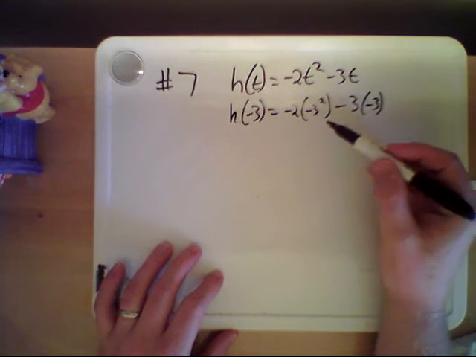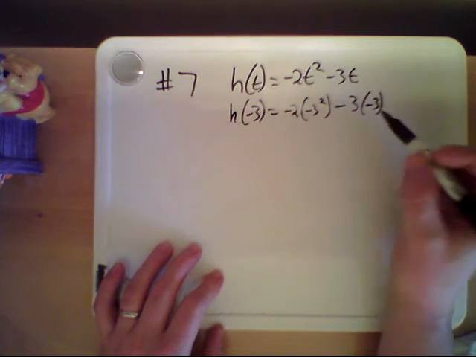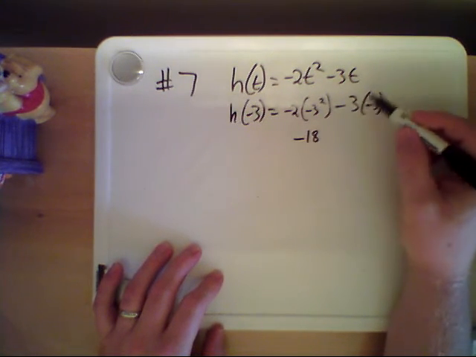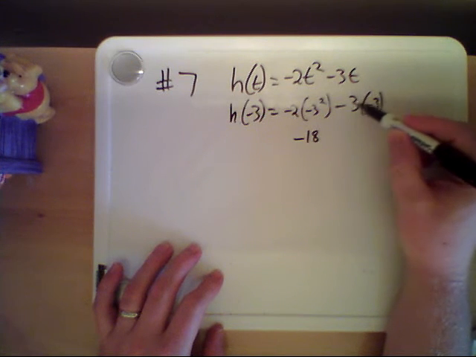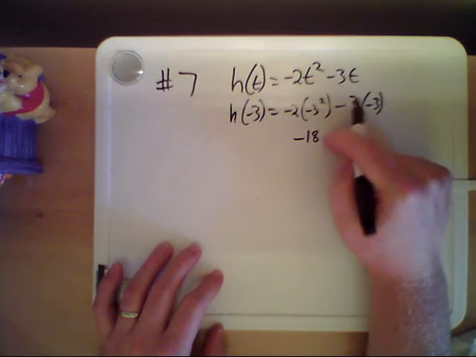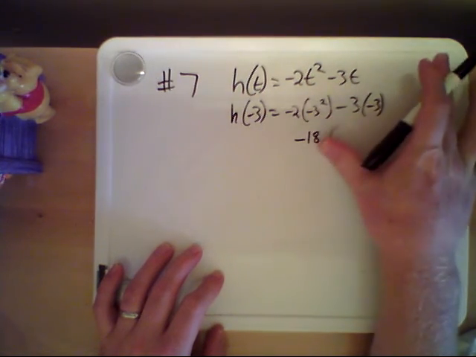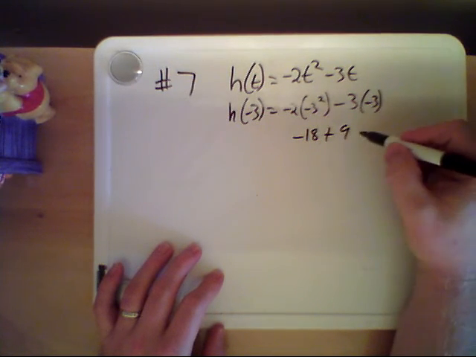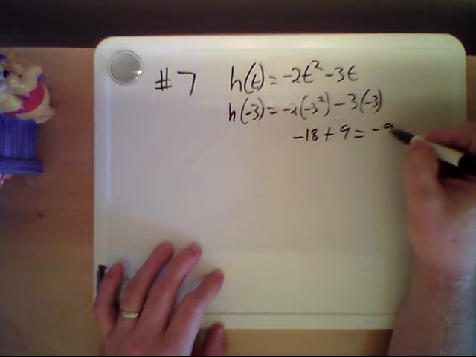Negative 3 times negative 3 is a positive 9. Times negative 2 is going to be negative 18. Minus 3 times negative 3, that's going to be a negative 9, but we're subtracting it, so we're subtracting a negative 9, which is the same as adding 9. So negative 18 plus 9 is, of course, negative 9.